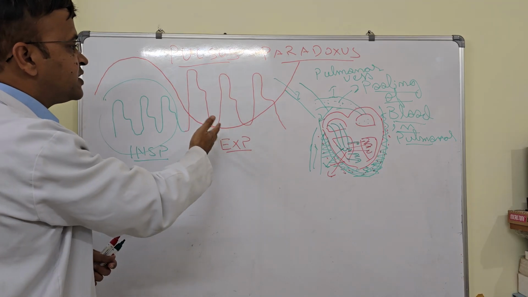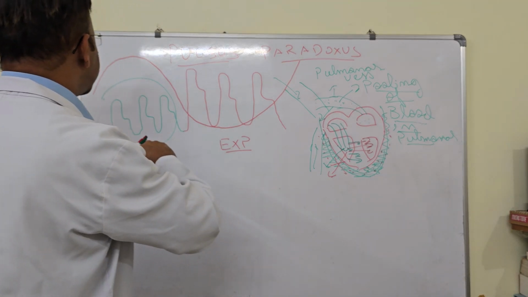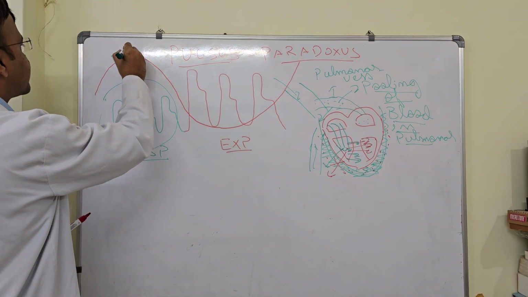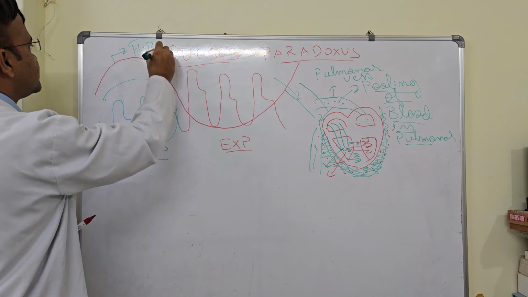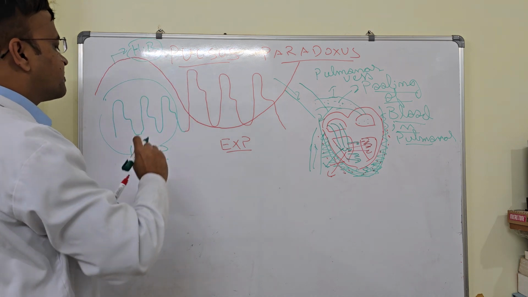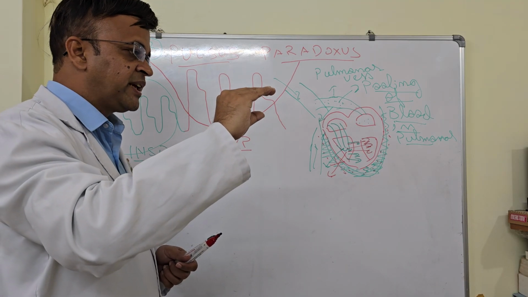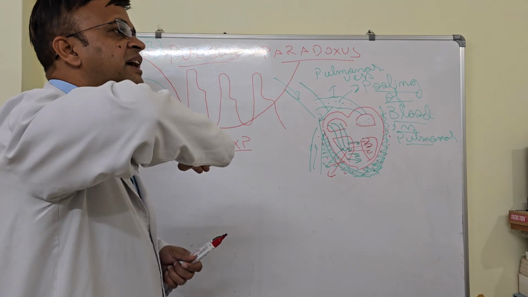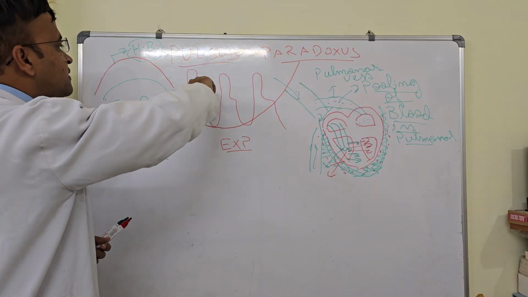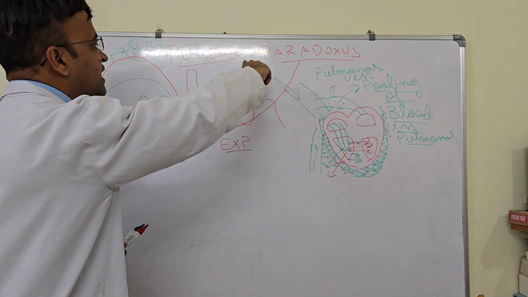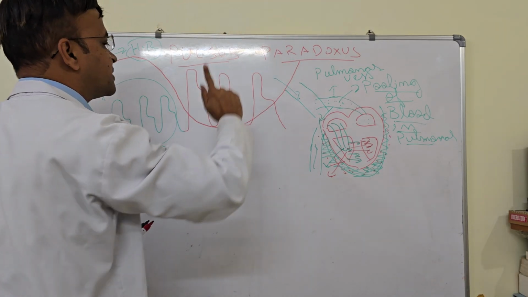The reverse happens during expiration when the pulse volume increases. This line which I have drawn represents your heart rate. Your heart rate follows just the reverse pattern. That means pulse volume will fall during inspiration, but heart rate will increase during inspiration. Pulse volume will increase during expiration, but the heart rate will reduce during expiration.